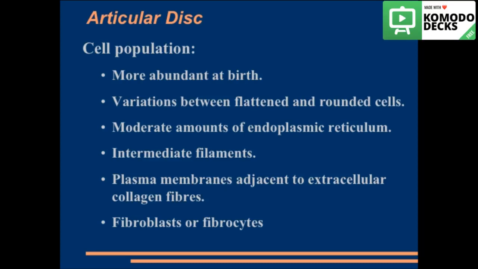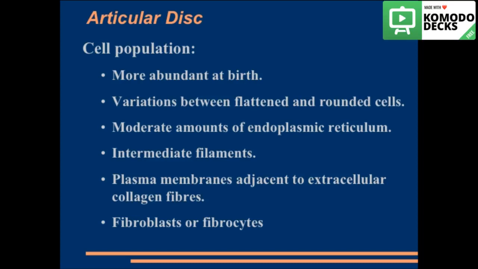Moderate amounts of endoplasmic reticulum are in the cells. We have intermediate filaments, and plasma membranes adjacent to the extracellular collagen fibers. In another way, it means that the collagen fibers in the extracellular matrix lie close to the cell membrane.